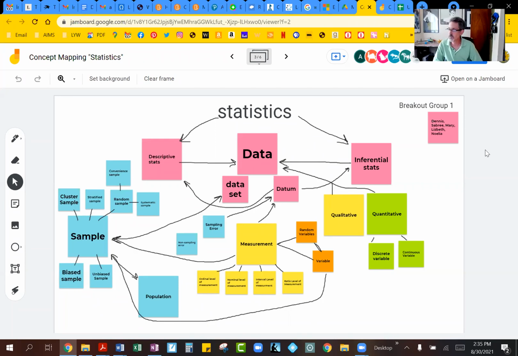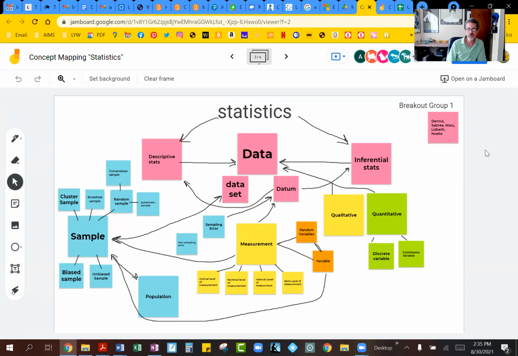The data is basically collected from a sample, which is taken from a population. So you can see on our sample side, we had basically the 4 types of samples you could take with the added random convenience sample, which isn't really a sample. And your samples could be biased or unbiased.